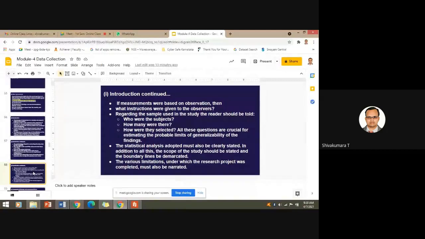Then the new reader will be able to understand the readings, and will continue to read your paper till the conclusion, because he gets interested in reading, since all this detailed information is given under the report writing chapter, that is, the introduction.